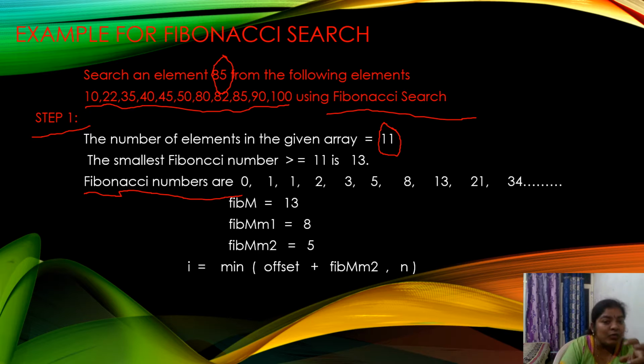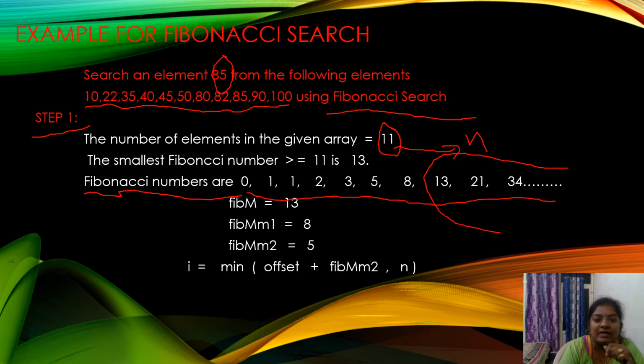So find the smallest Fibonacci number which is greater than or equal to 11. So here n is 11. These are the Fibonacci numbers greater than 11.